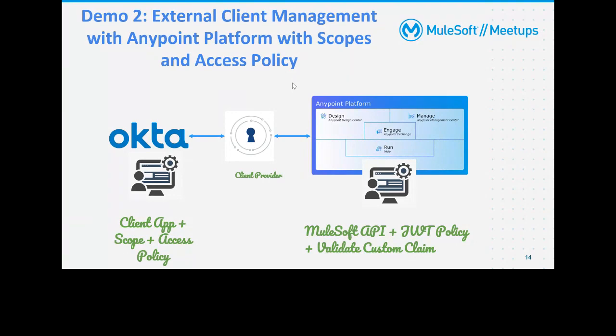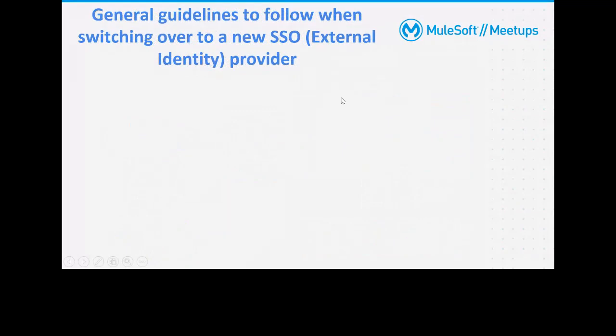First we'll directly map the Okta groups with the teams in Anypoint platform. Second, we'll create scopes and access policies in Okta, get the token based on them, and the token will be validated in your Anypoint platform using the JWT policy. After that, we'll have general guidelines, so I'll come back to that later.